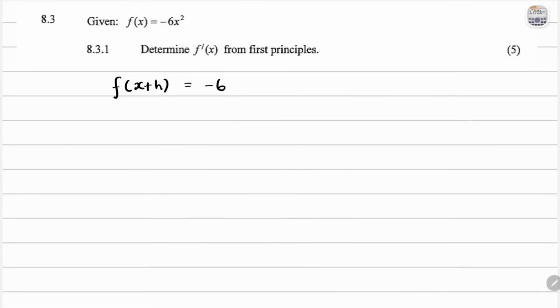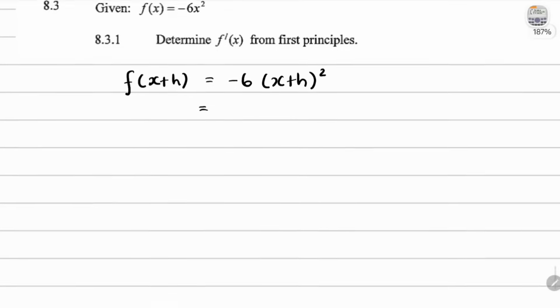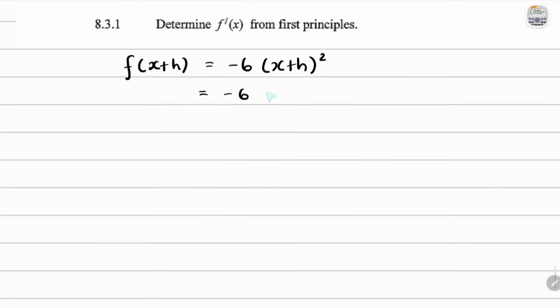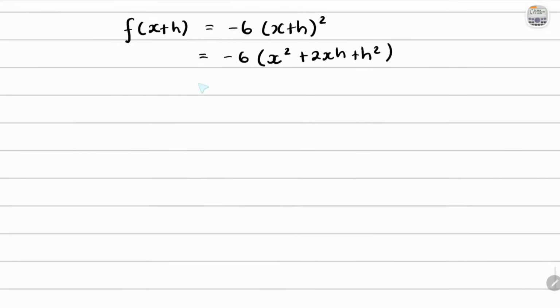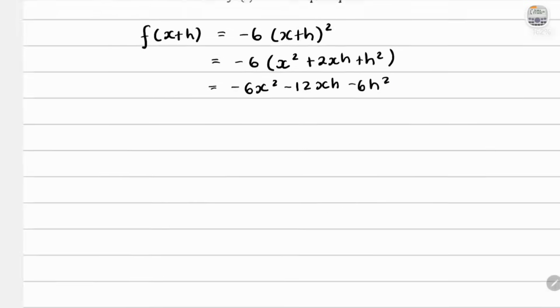So this is negative 6, and in place of x, we say x plus h all squared is equal to, and then this just simplifies to, we have negative 6 here, and when we distribute that, that's going to be x squared plus 2xh plus h squared. Okay, and then distribute. So negative 6x squared minus 12xh minus 6h squared.